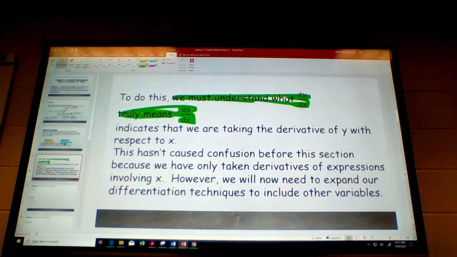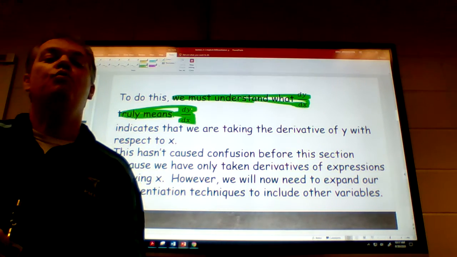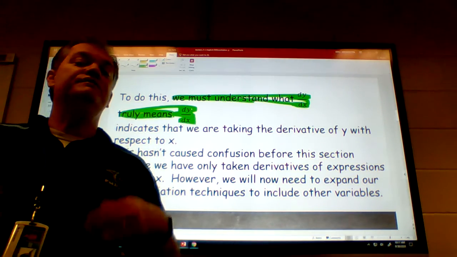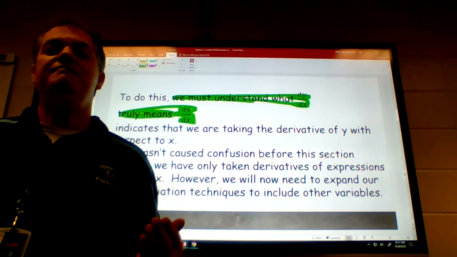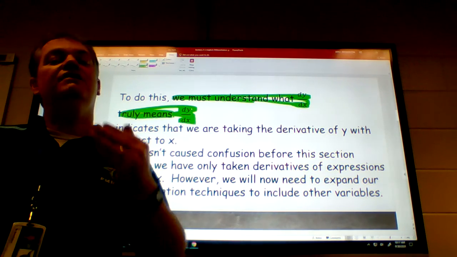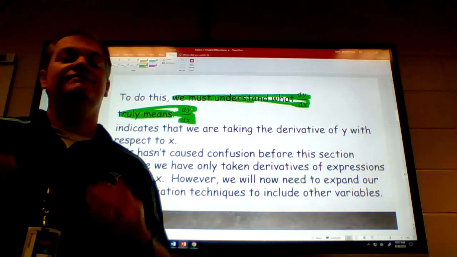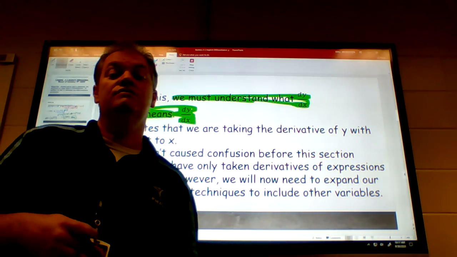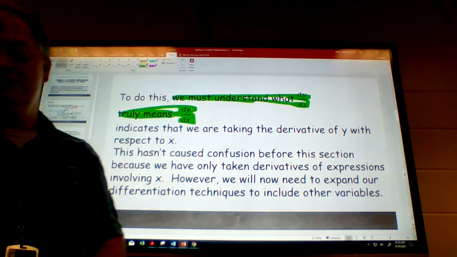All right. It indicates we're taking the derivative of y with respect to x. Now, we've used y prime, but what does it actually mean? It means the derivative of y in terms of x. So that's what dy over dx actually means.